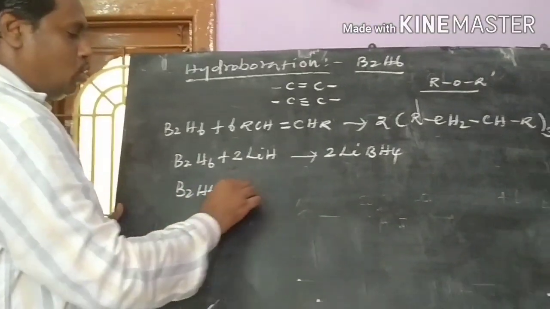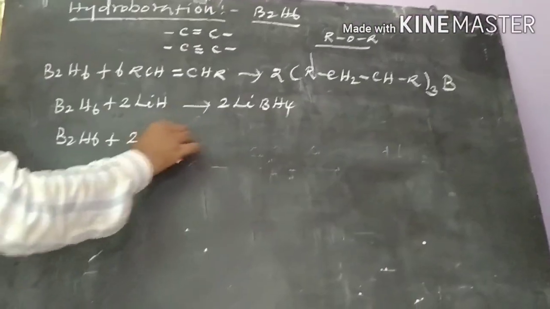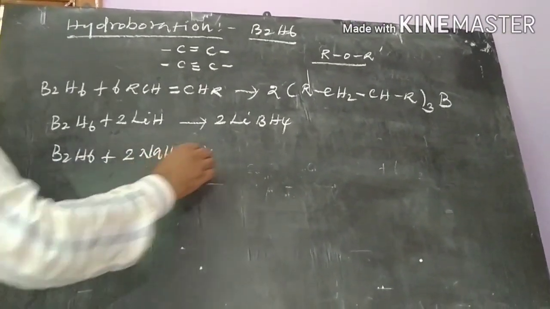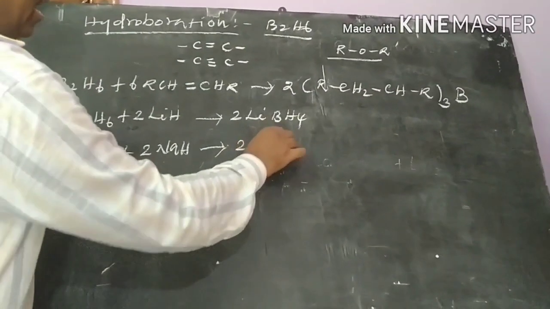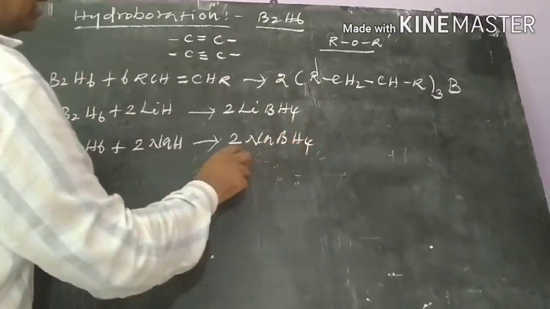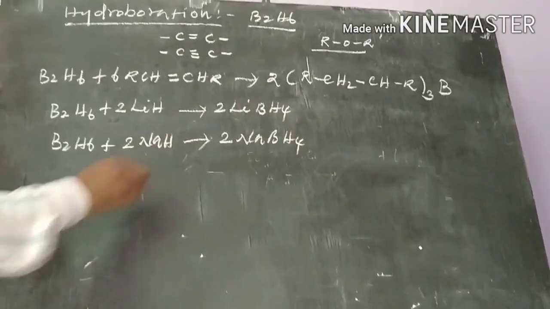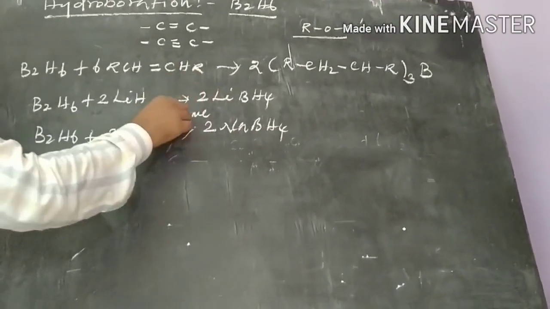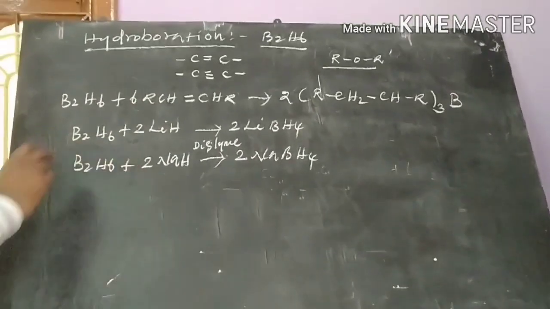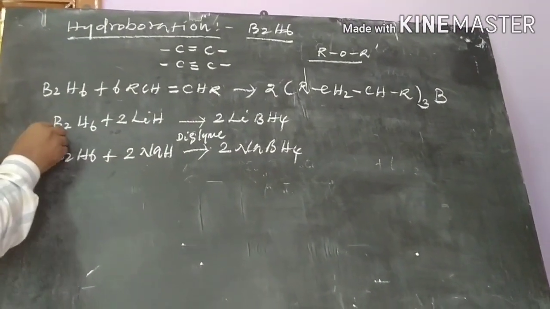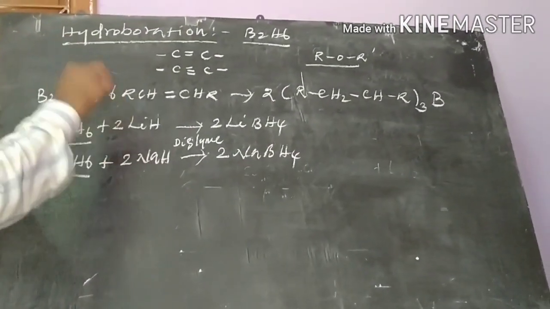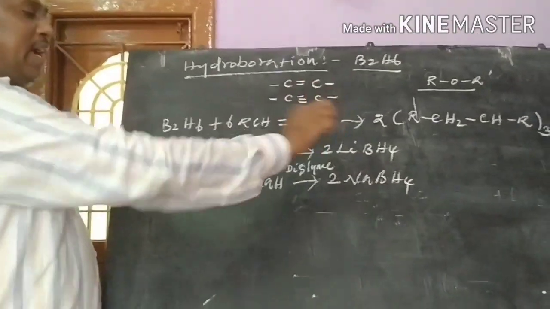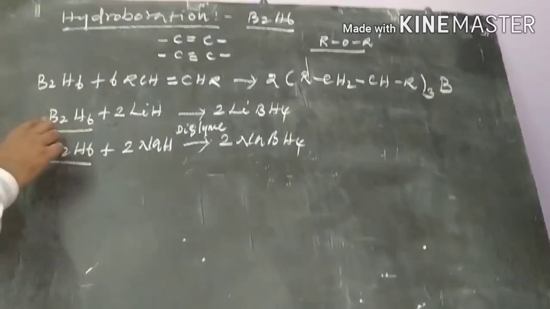Another example, B2H6 treated with 2 moles of sodium hydride to give NaBH4. That is sodium borohydride, in presence of diglyme. கொஞ்ச நேரத்துக்கு முன்னாடி தான் டைக்ளைம்னா என்னன்னு நம்ம சொல்லியிருக்கிறோம். ஓகே, so diborane reacts with metal hydrides to give metal borohydrides.